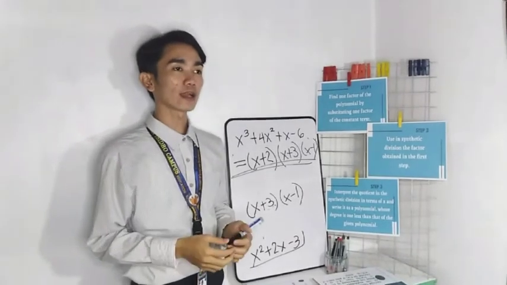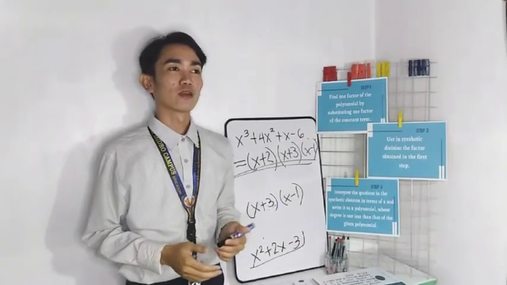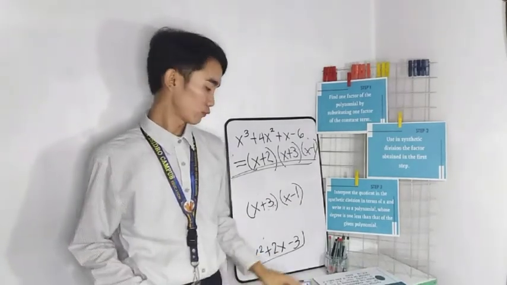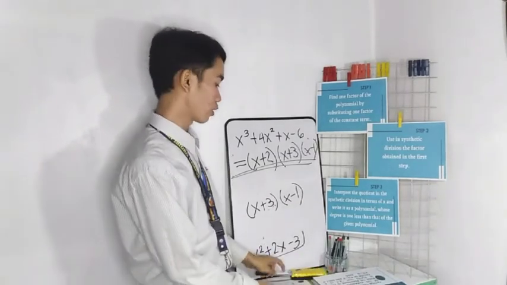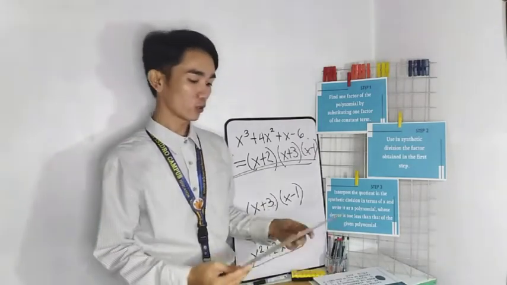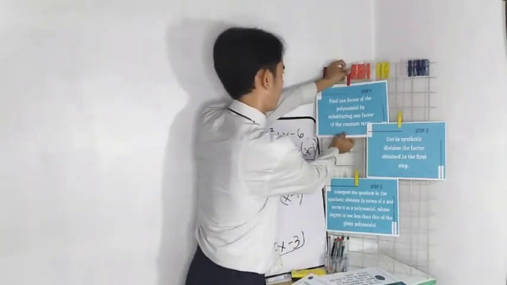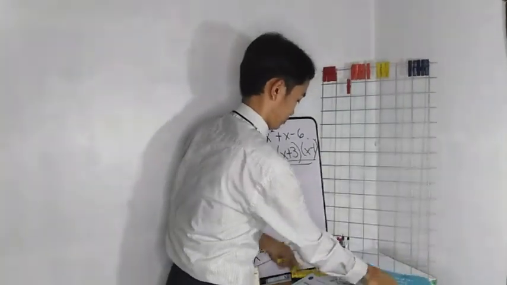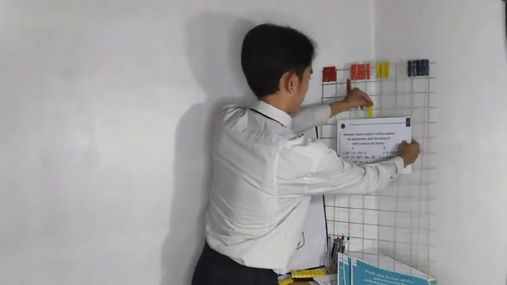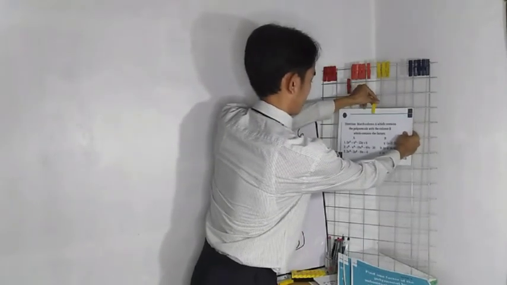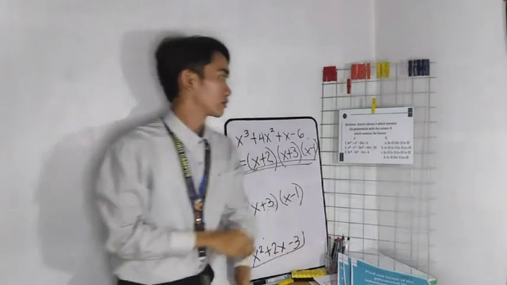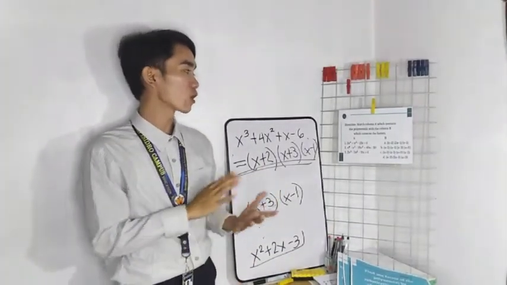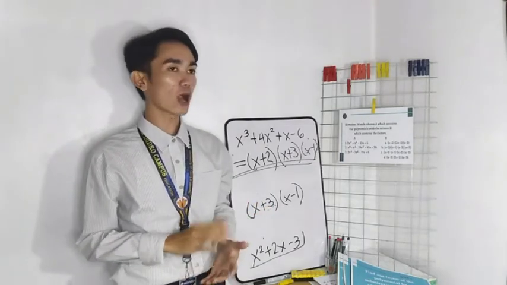And who got the correct answer? Very good, class. All of you got the correct answer. Get one whole sheet of paper and we're going to have a short quiz. Match column A which contains the polynomials with column B which contains the factors.